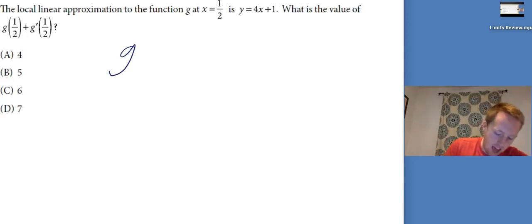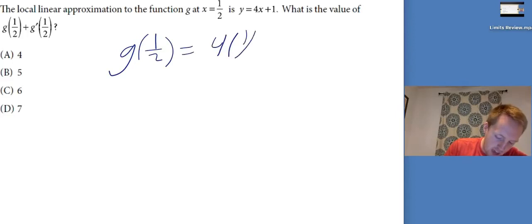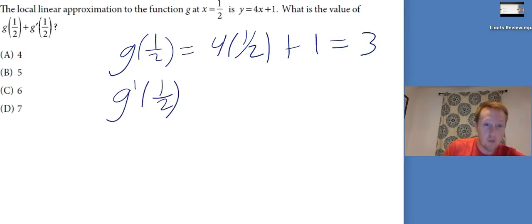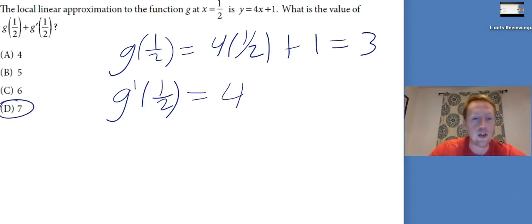So g of 1/2 is just going to be 4 times 1/2 plus 1, which is 3. G prime of 1/2 should just be the slope of the tangent line at this value. Well, the slope of this line is 4, I can see. So if I add these together, I get 7. So again, this g prime of 1/2 came from this 4 right here, the slope of the tangent line.